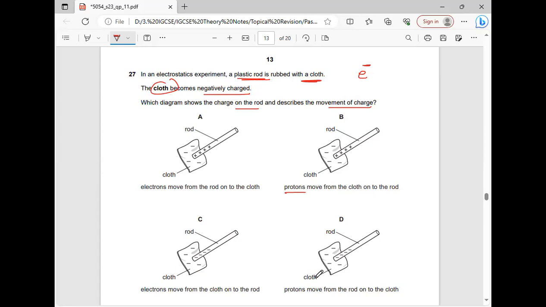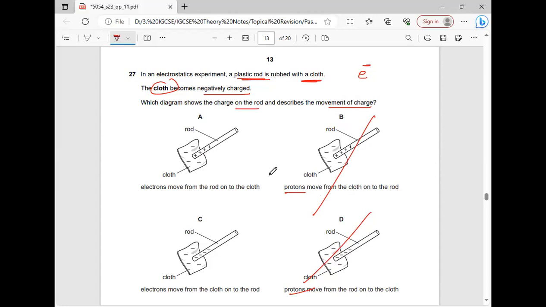So these two options with protons are ruled out. Now, the charge on cloth is negative. It means the cloth has acquired negative charge and the rod has lost negative charge.